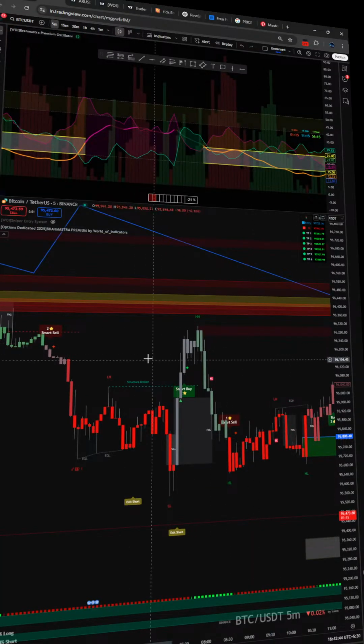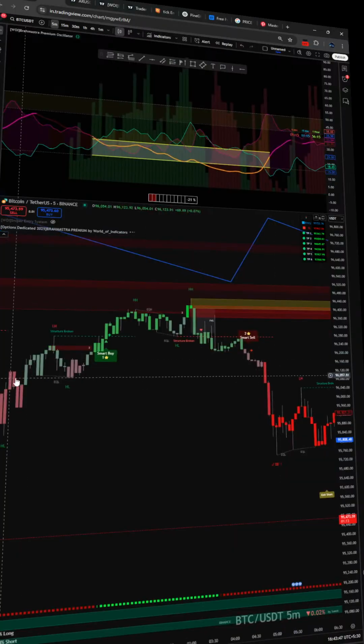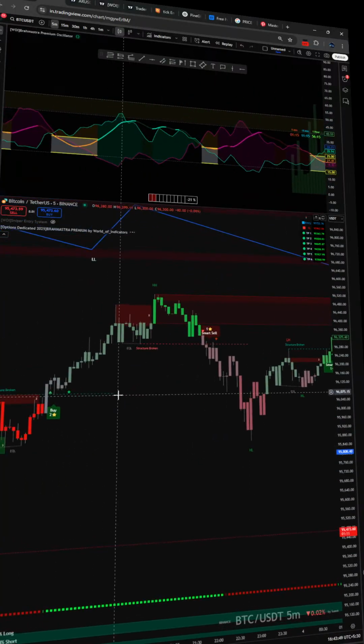Same here you can see, when this red line crosses this ADX line, you can see a strong downside move.